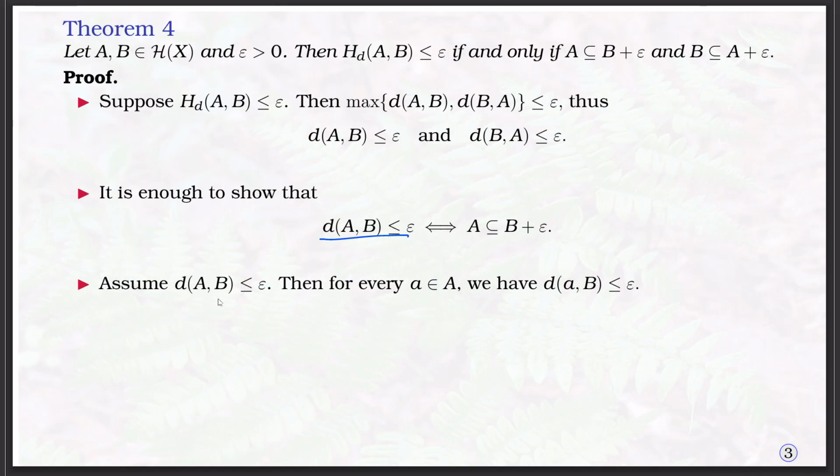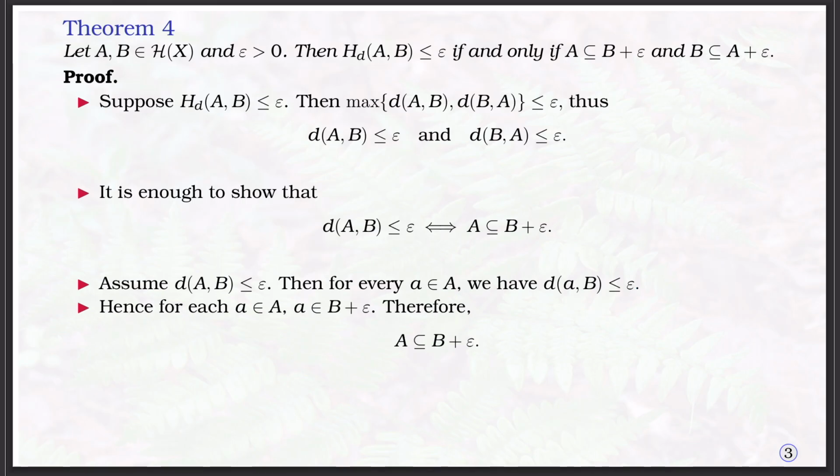Assuming d(A, B) is less than or equal to epsilon, then for every a belongs to A, we have the distance between a and B less than or equal to epsilon, since d(A, B) is at most epsilon.